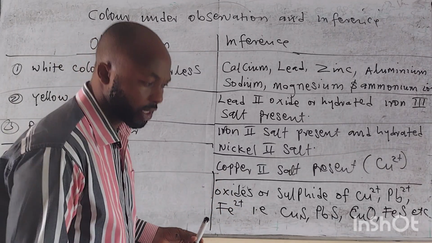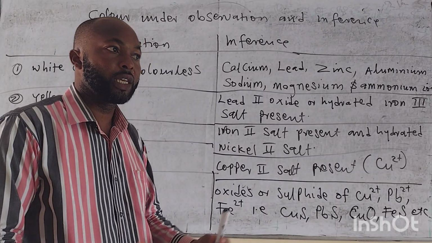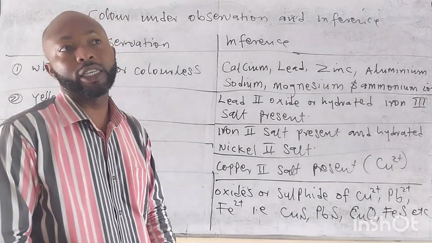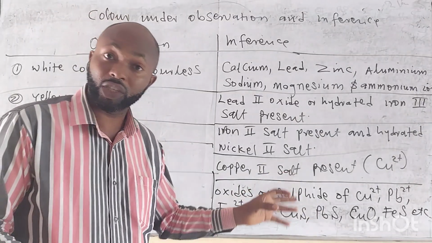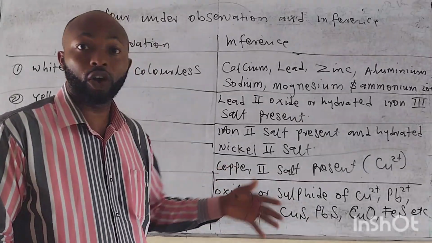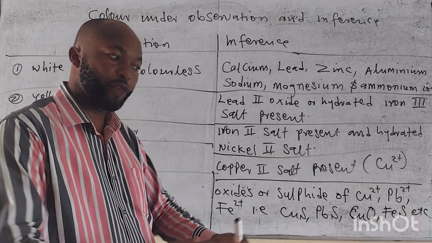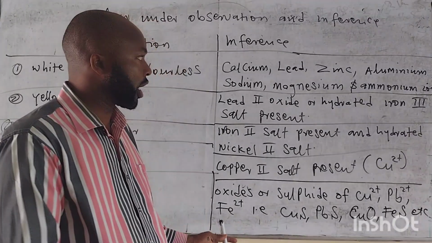Remember, we talked about the first one, we talked about texture. Now, I've given you a sample. The sample is solid, all right? The first thing that comes to mind is it either has water of crystallization and so on and so forth, because it is solid. If it is liquid, also you have your observation. Now, the next thing is, after you have observed that, what color does it exhibit? The color now, is it white?